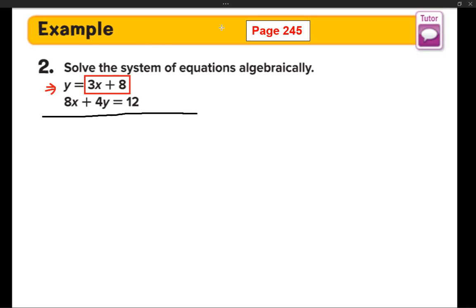How can we use this value to solve this system of equations? We can just take this value and substitute it where? In the other equation, which is the second equation here, and replace the y with its value from the first equation.